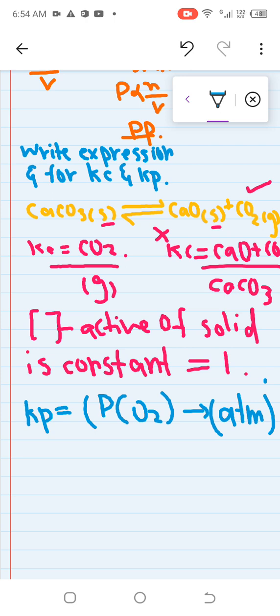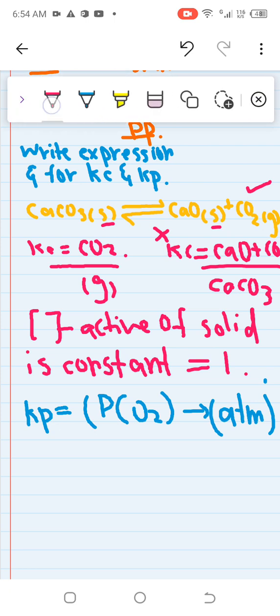I hope this is clear, because the active mass of a solid is constant, I took only the gas and its partial pressure.